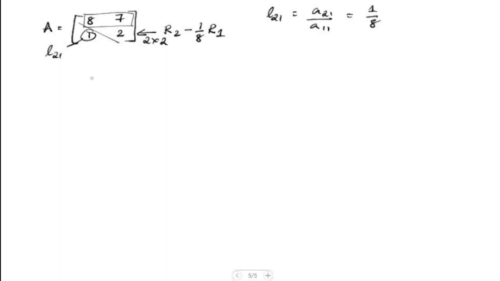And this would give us the matrix as 8, 7, 0, 1.125.